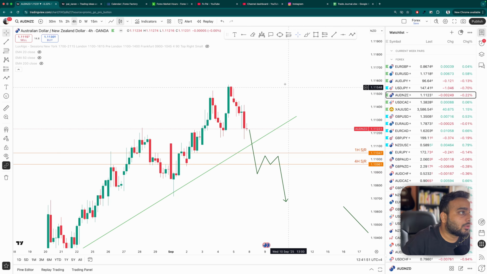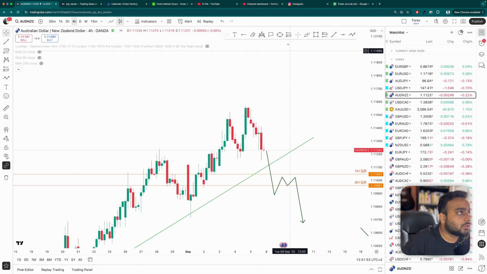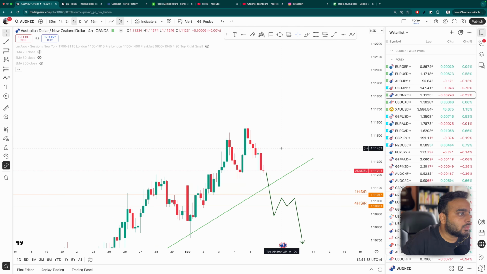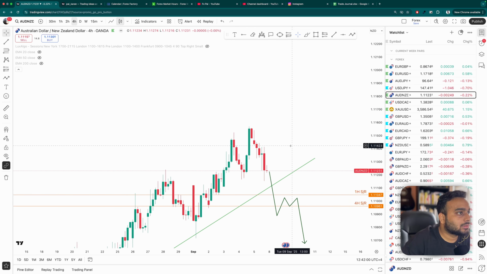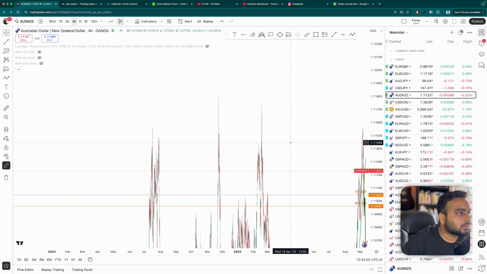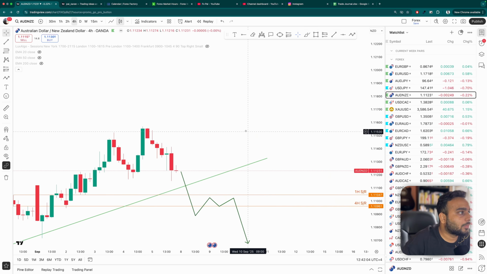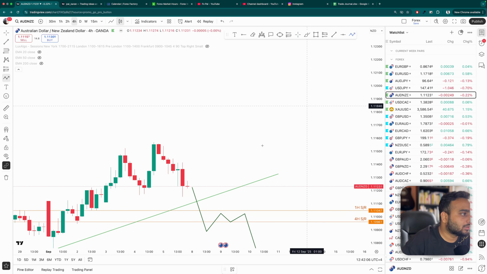And if I'm looking for price action to continue up, what I want is for price to go up and break this, consolidate around here, give me a structure, mainly on smaller time frames, and then push up.